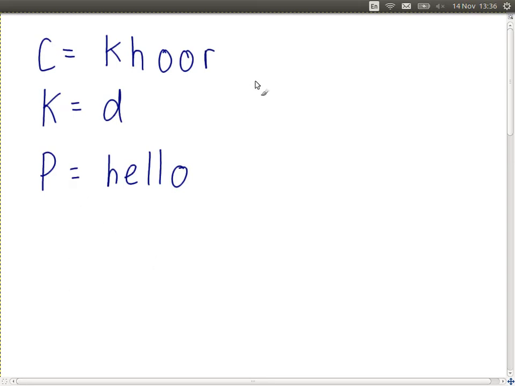Okay, everyone was fast at that, so one more. Another piece of ciphertext. No, let's try plaintext.